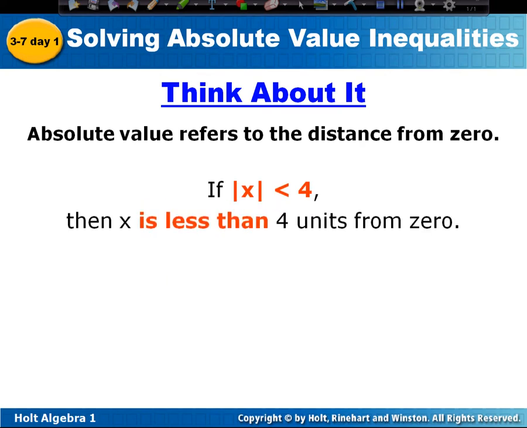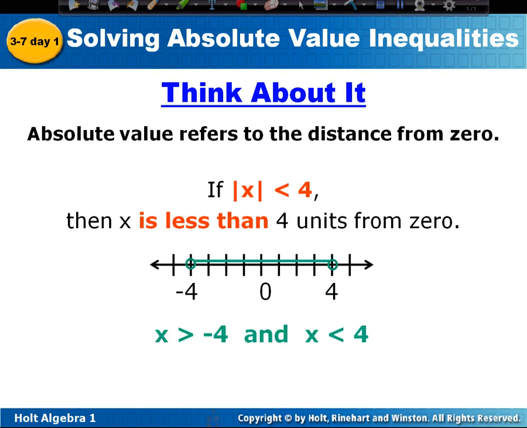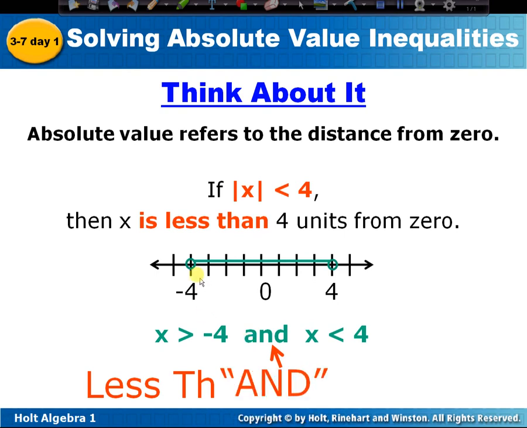Now if we change this and we say the absolute value of x is less than 4, that means that x is less than 4 units from 0. So if we look at this number line again, we go out to the left 4 units and to the right 4 units. And this time, there are open circles because -4 and +4 are not included.